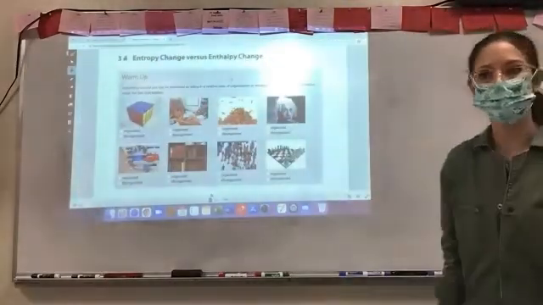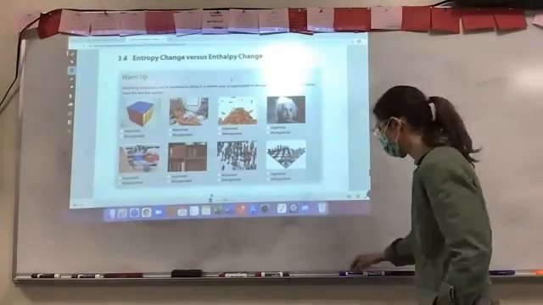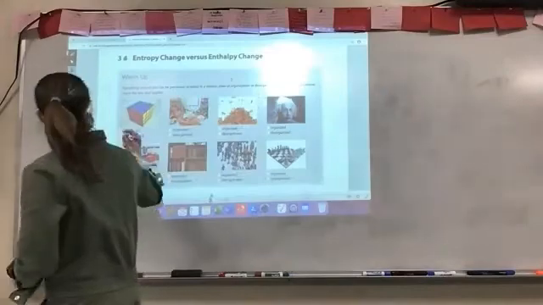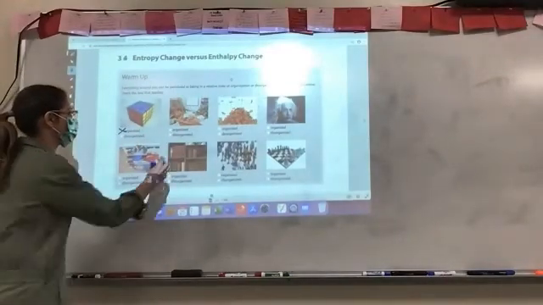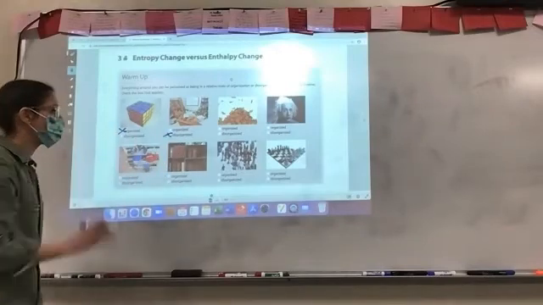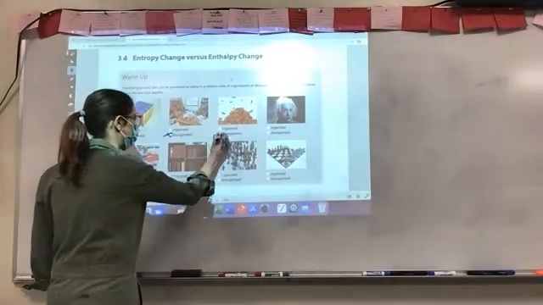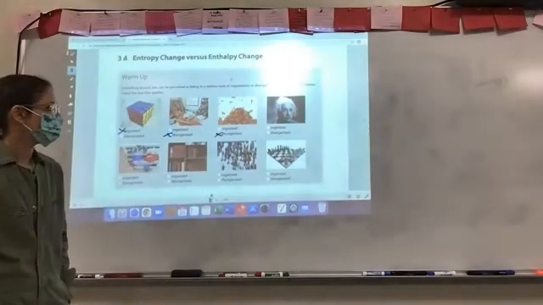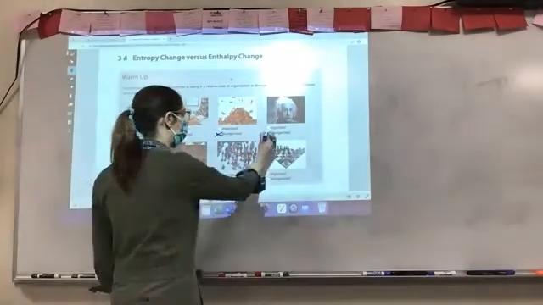Okay, so the first one is a Rubik's Cube. What would you say? Organized. The second one is a messy bedroom. Disorganized. The third is a pile of leaves. Disorganized. Okay. The fourth is Einstein's hair. Disorganized.